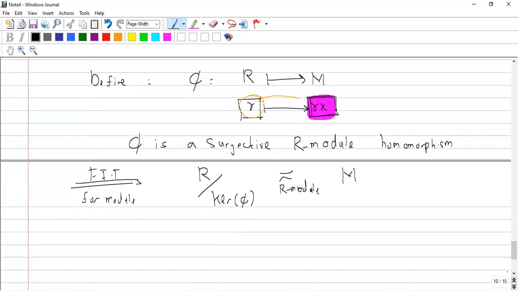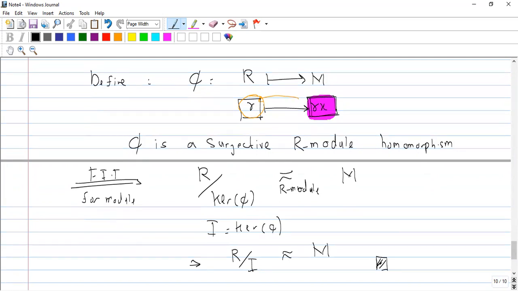So ideals are submodules. So this is a required I. If we put I equal to kernel of phi, then we can say that R over I is isomorphic to M. And this was our requirement.